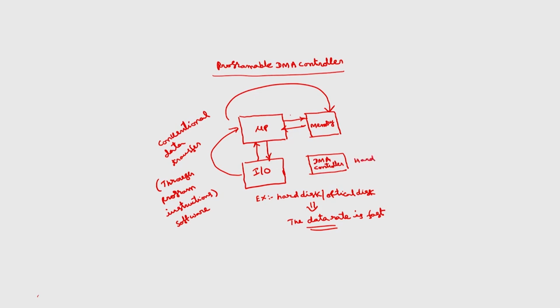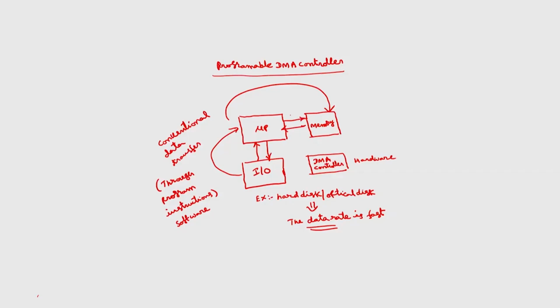Unlike conventional data transfer, where the transfer takes place through software instructions, and execution of those instructions takes more time while the data rate of I/O devices such as hard disk and optical disk is large, making transfer difficult, now using the DMA controller we transfer the data from I/O to memory through the DMA controller.